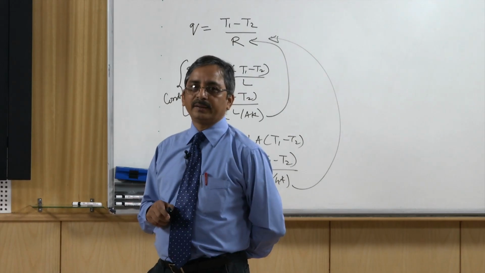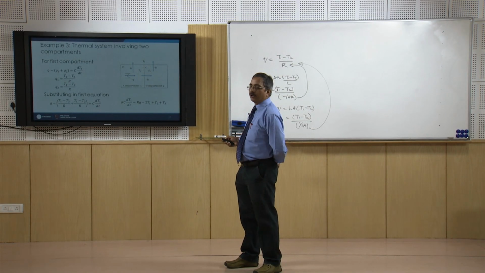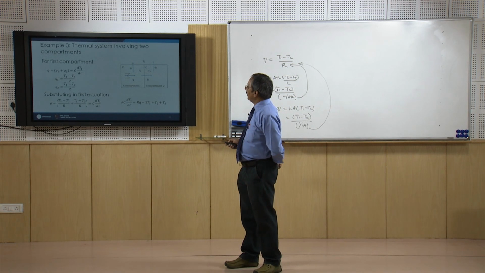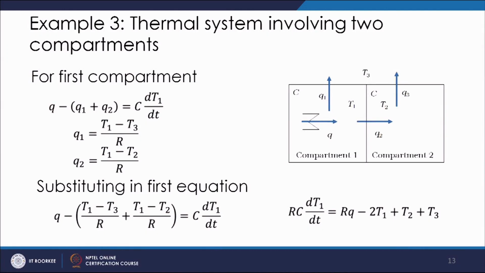Is that okay? Fine. Now, what is Q1? I can write this Q1 as (T1 minus T3) by R, where R is the thermal resistance of the wall, and T1 minus T3 is the temperature difference between compartment 1 and the surrounding. So, this Q1 is (T1 minus T3) by R. Likewise, I can write the value for Q2.